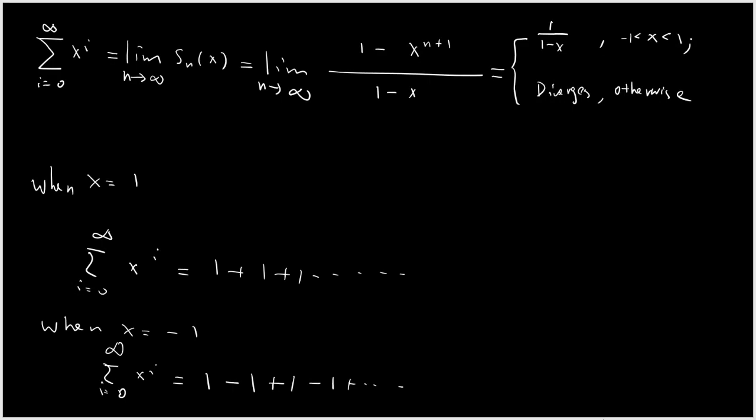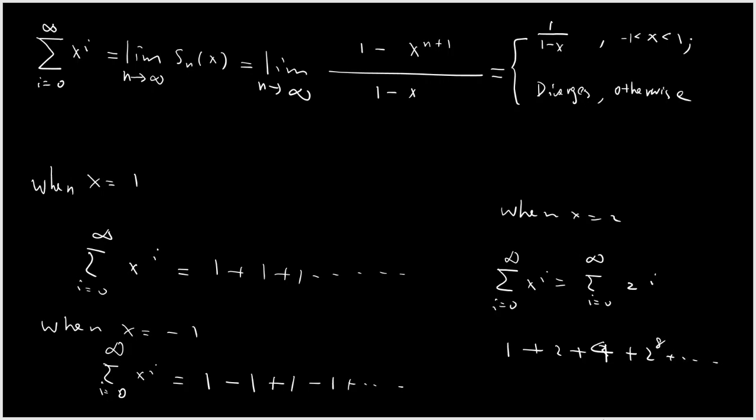Now let me show you one other case. Now let's say x is 2, when x is outside -1 and 1. Do you see the series now becomes the sum from 0 to infinity of 2 to the power of i, right? The initial term is 1, the next term is 2, and then the term after that is 4, 2 squared, and then 2 to the power of 3. So do you see the series diverges to infinity?